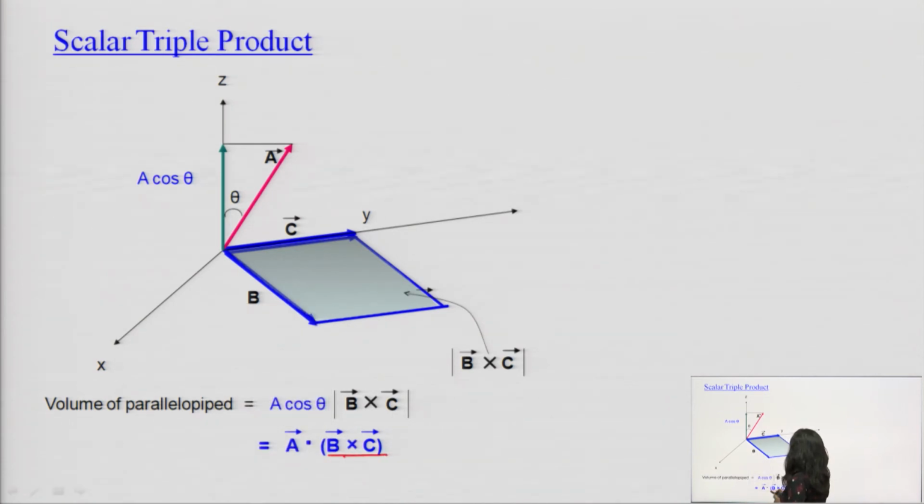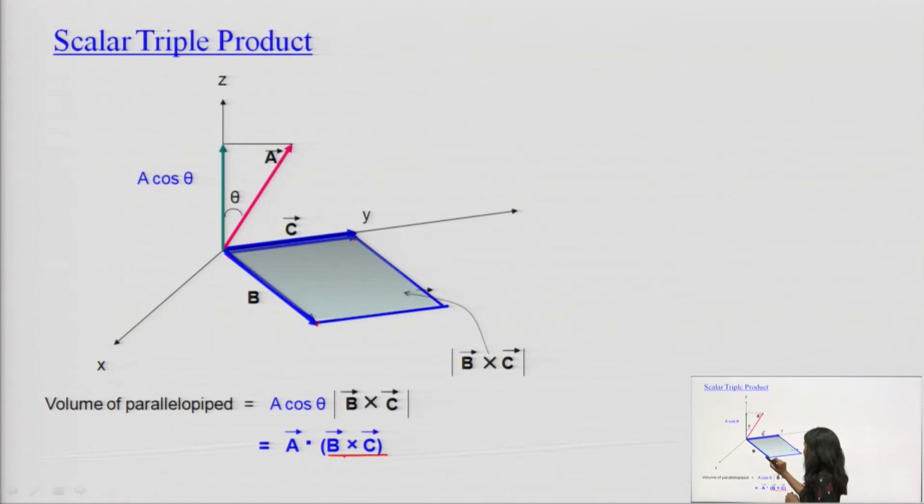Suppose there are three vectors A, B and C, then the scalar triple product involves the cross product of B and C, because the result of a cross product is always perpendicular to both the vectors.